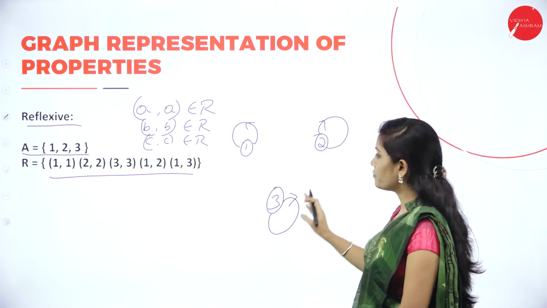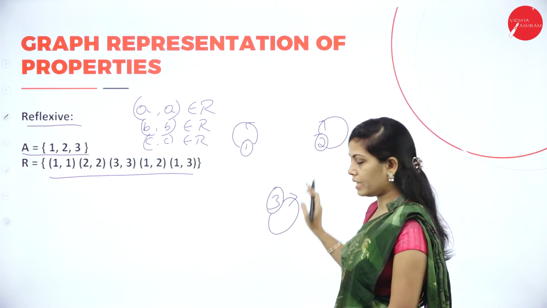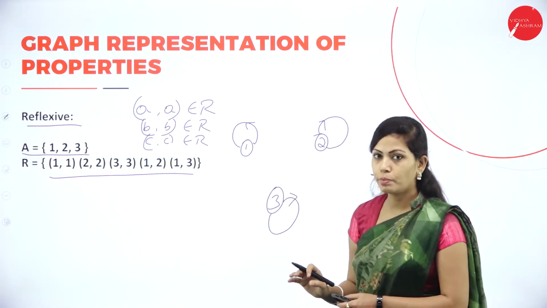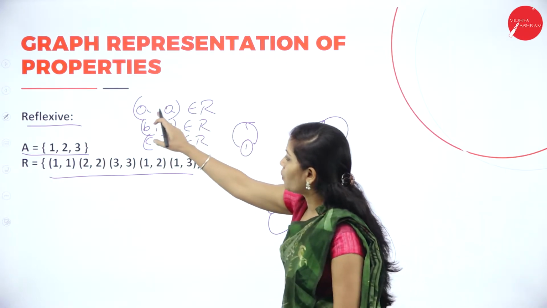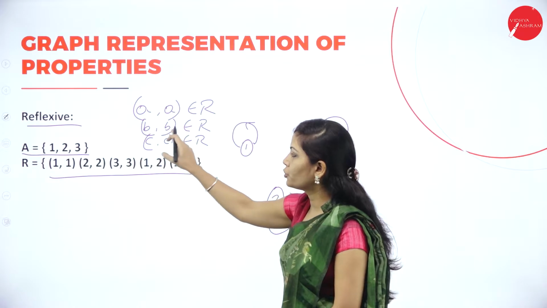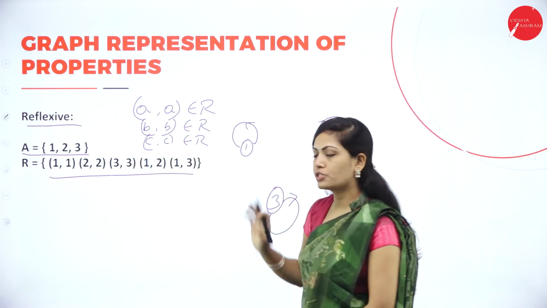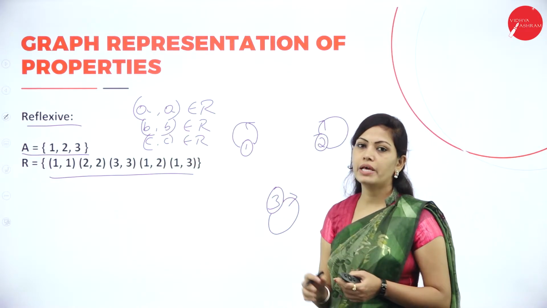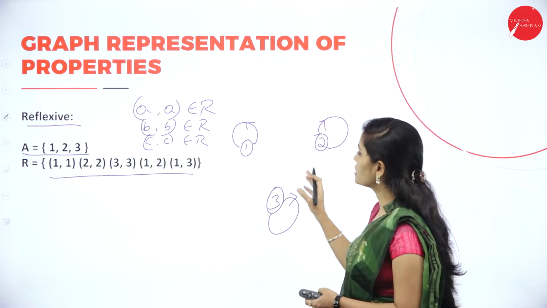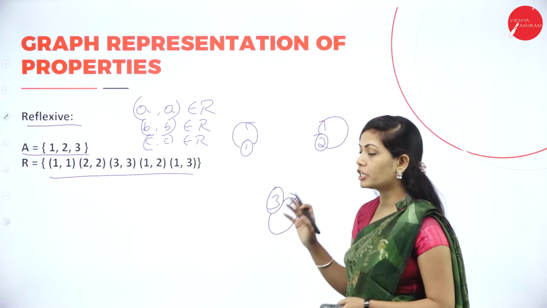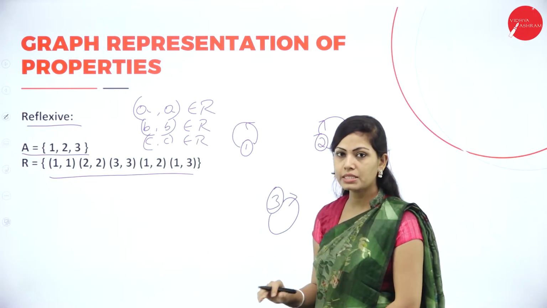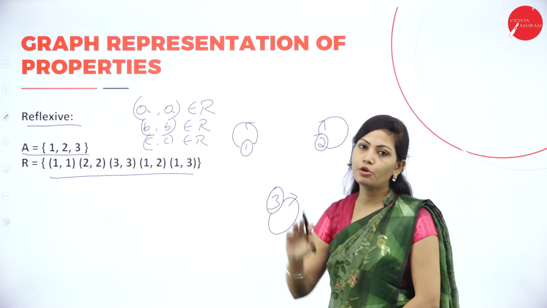So for every element we have a self loop. In the sense that (1,1) belongs to R, (2,2) belongs to R, (3,3) belongs to R. So it holds the reflexive property. There is a self loop. If the relation holds a self loop, it is called reflexive property.